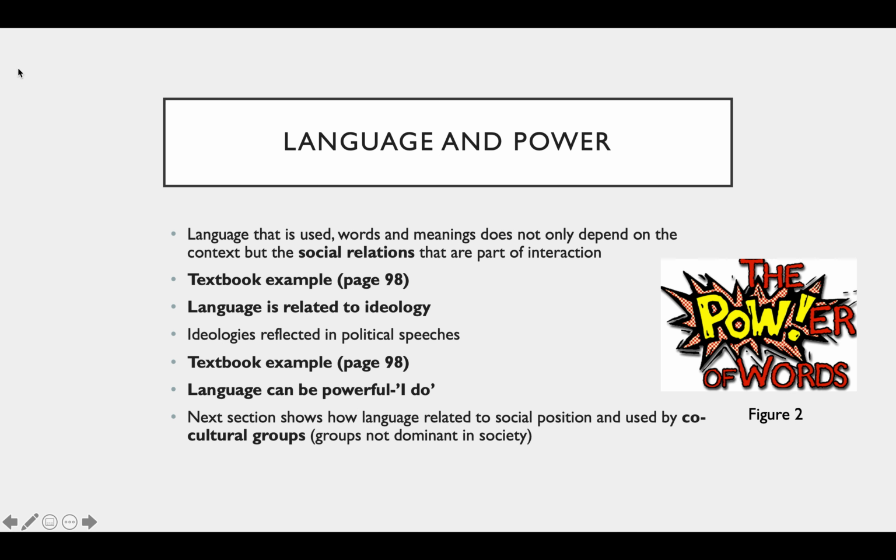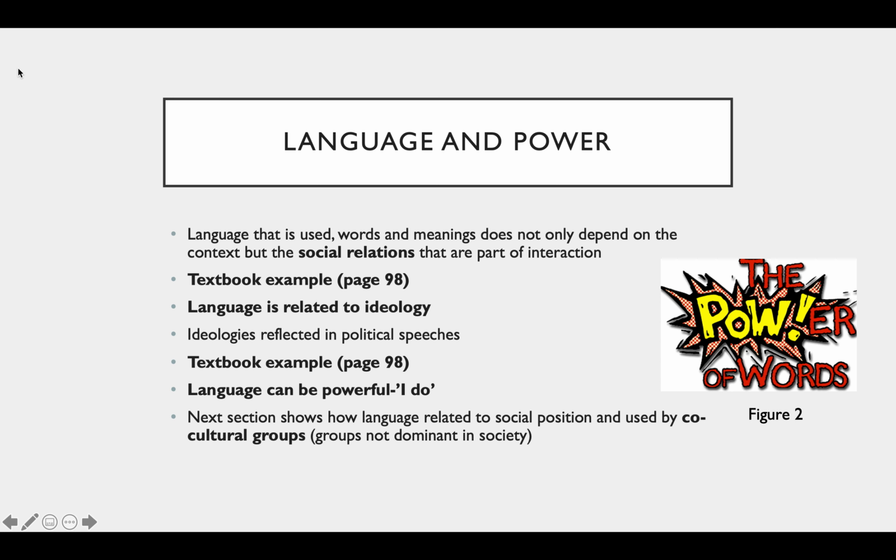So here on page 98 of the textbook, they're talking about how language is used and how words and meanings have power, especially in social relations that are part of our interaction. For example, managers and personnel may use the same words, but the meanings are communicated very differently.